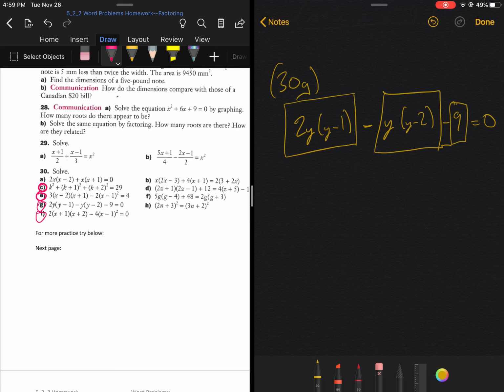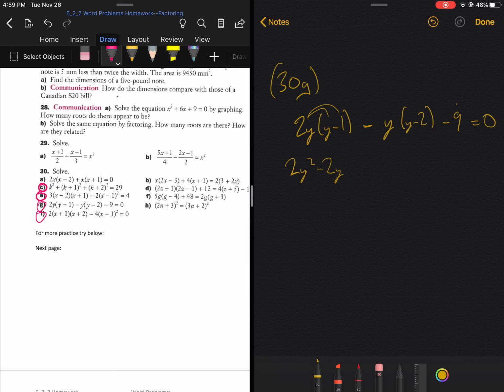So you can think of these negatives separating these types of terms, right? Anyway, let's expand this out. 2y squared minus 2y. This minus y acts on minus y squared. This minus y also acts on the minus 2. So minus times minus is plus 2y minus 9. This minus 9 just transfers over.